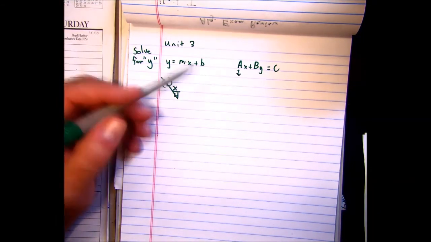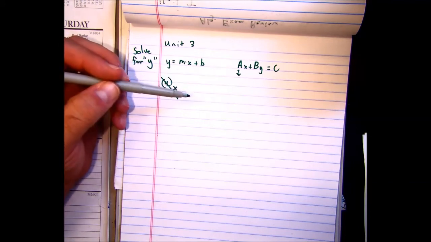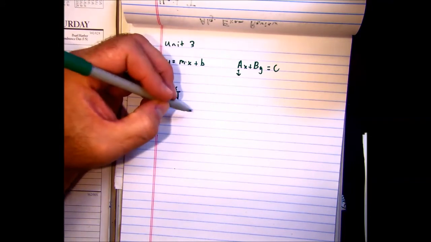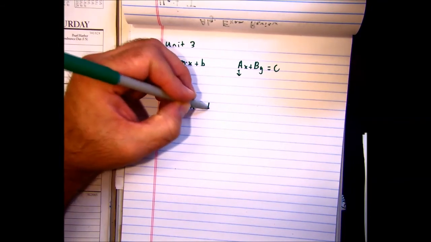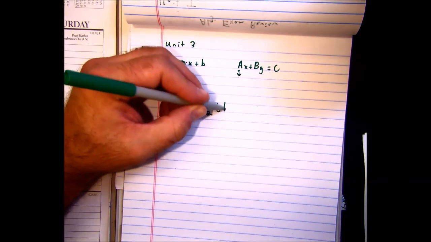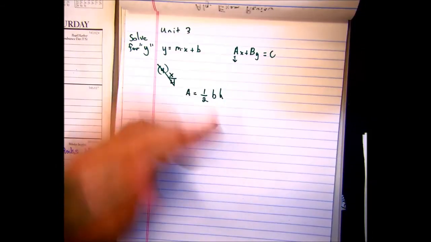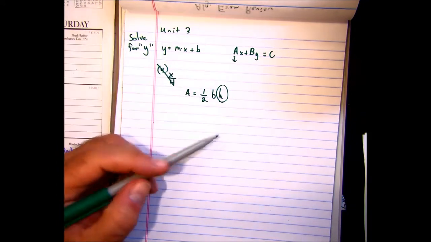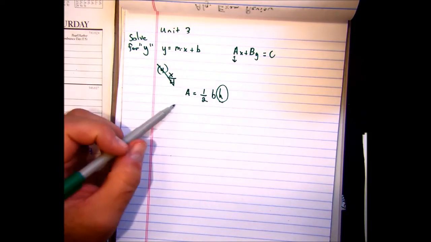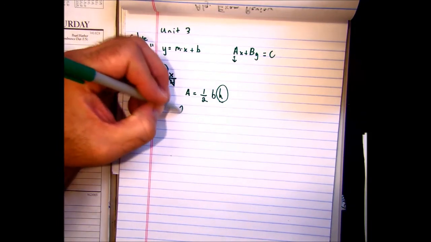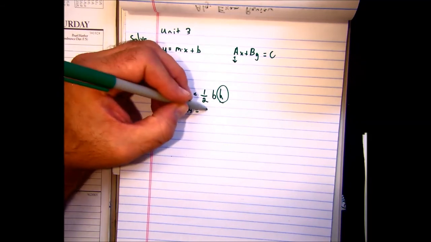All right, so then also dealing with literal equations, we had to solve like area equals 1/2 base times height. And when we solve for height, that means height didn't move. How do I get rid of 1/2? I multiply the whole problem by 2, so it becomes 2a equals bh.